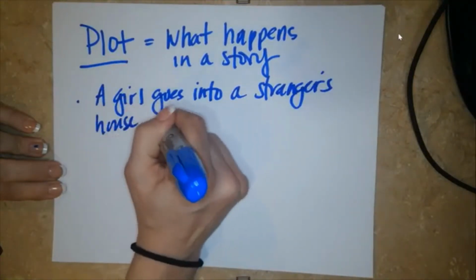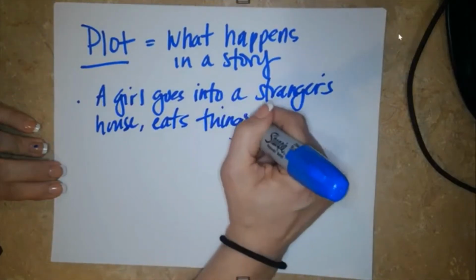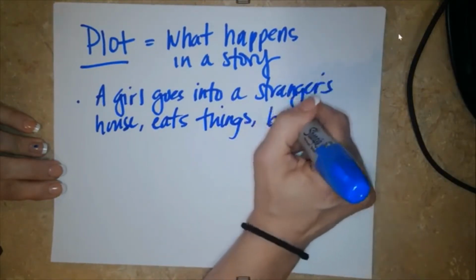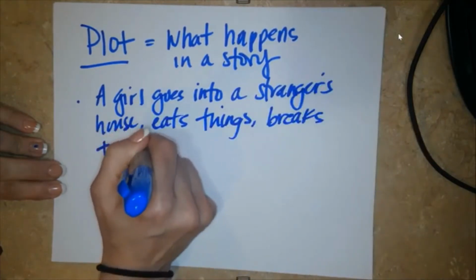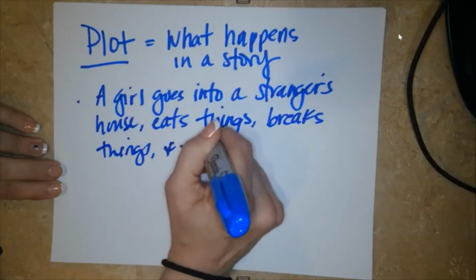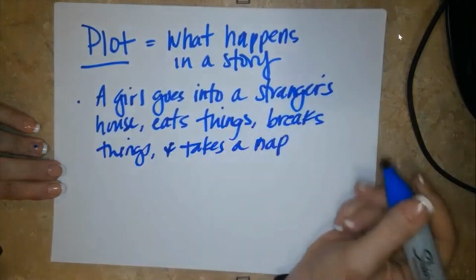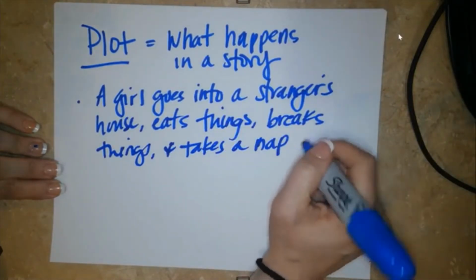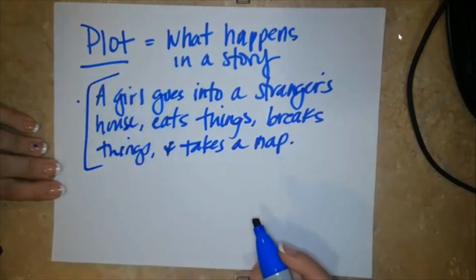And while she's there, she eats things, all of their porridge, or she tries all of their porridge. She breaks things because she breaks Baby Bear's chair. And she takes a nap. And she actually tries out all of their beds before she settles on Baby Bear's bed. So, when we write it like this, it's very clearly a summary of the story.